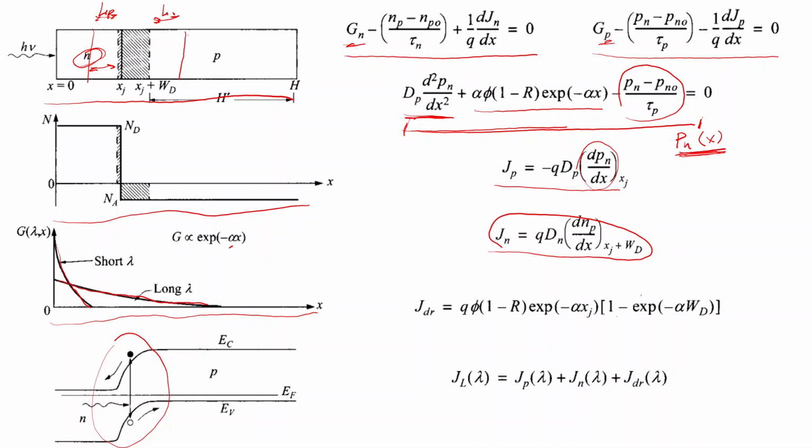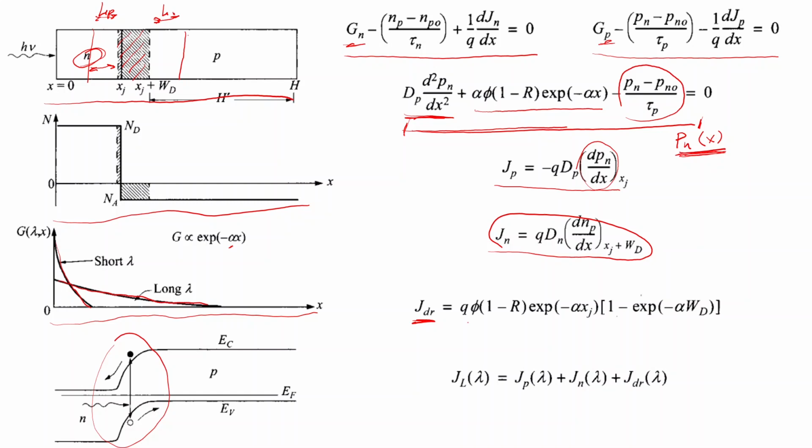And we also have one more contribution to the current, which is the drift current from the depletion region. We assume that the internal electric field is very strong, which is true, and all photogenerated charge carriers, these electron-hole pairs, are separated by this strong electric field.